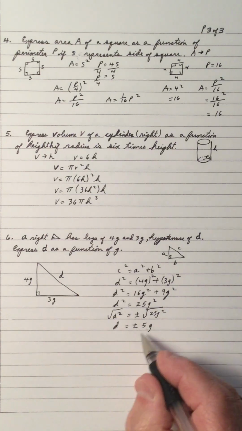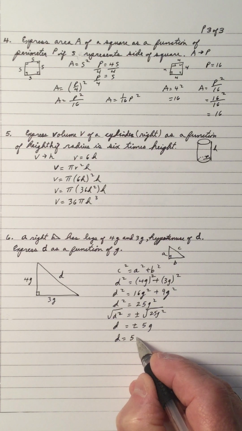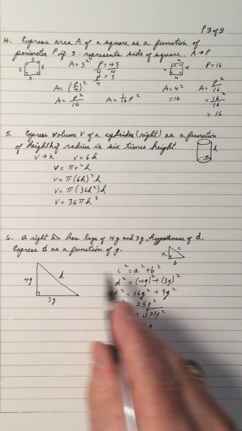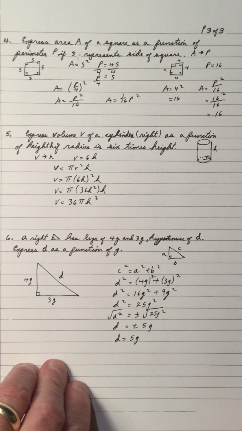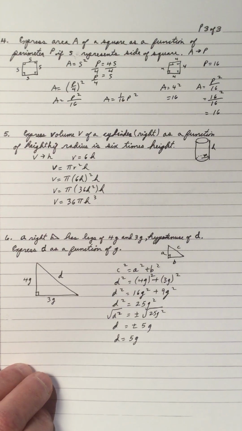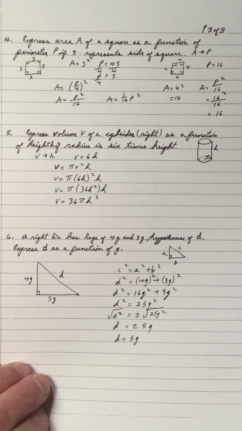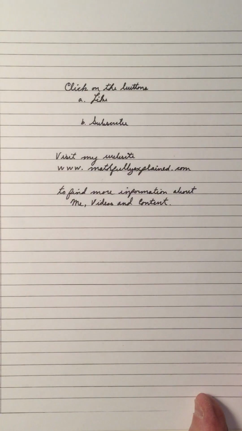But because this is a triangle, d is equal to 5g. So that's d as a function of g. This variation that we're doing here, as a function of, is getting us ready to do some nice word problems in pre-calculus and getting you ready for calculus.